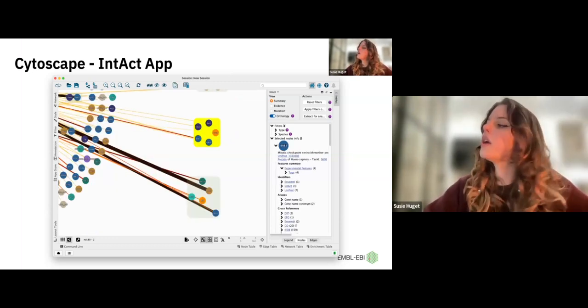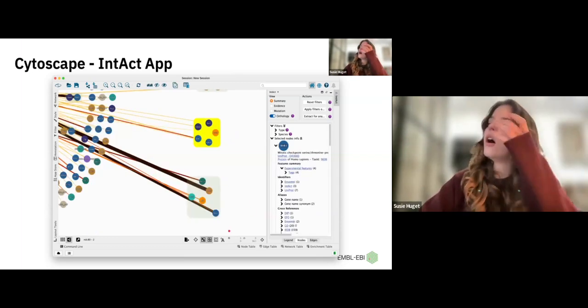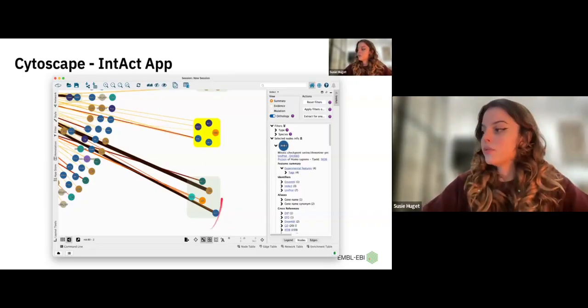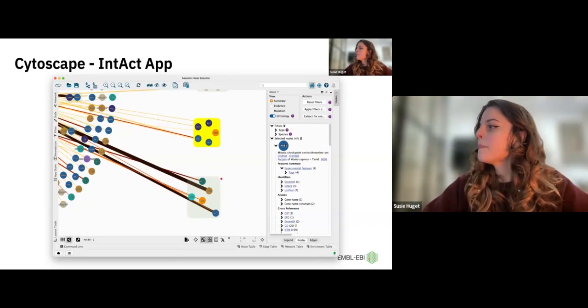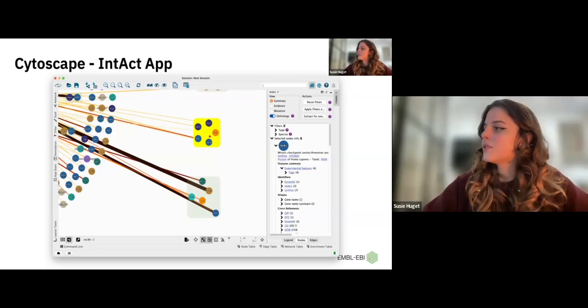And so here, when we zoom a little, this is an ortholog group, so they are all in this little green bubble here. Here I selected this one, so it appears yellow. When you click on it, in the nodes tab of the filters, you will have all the selected nodes info.